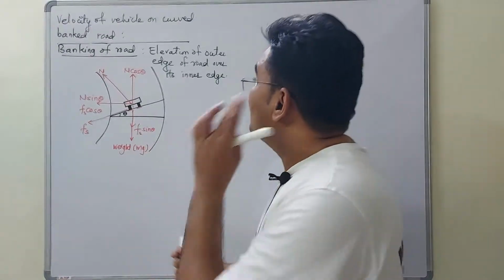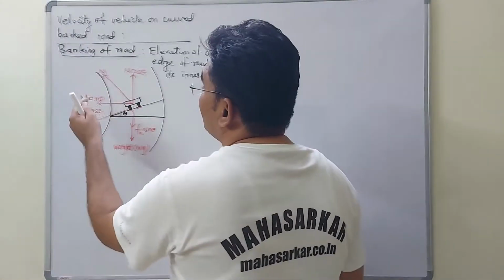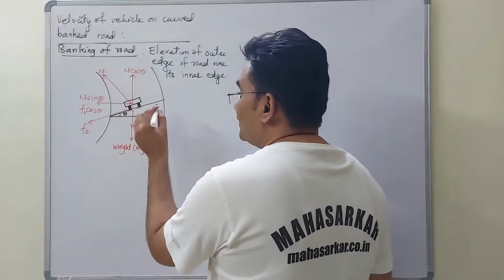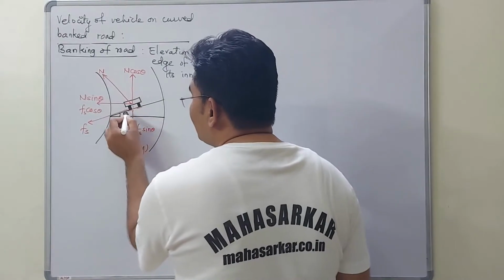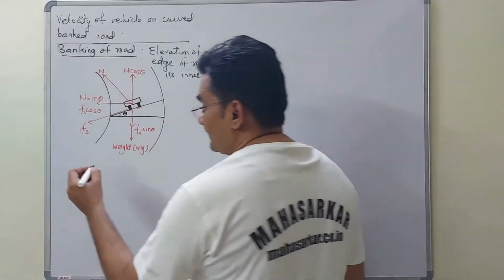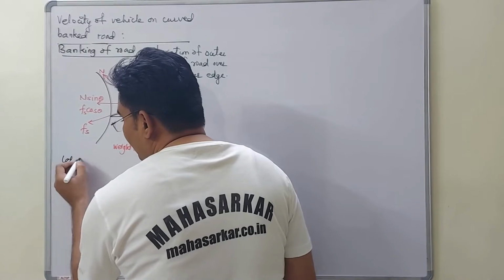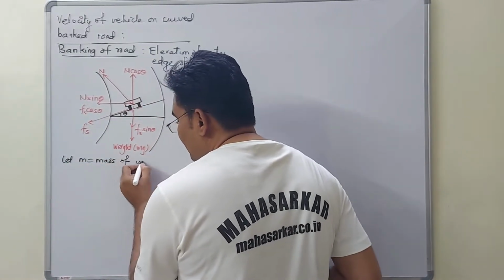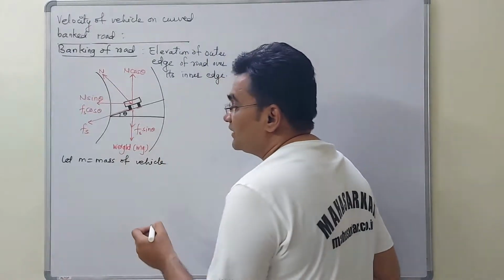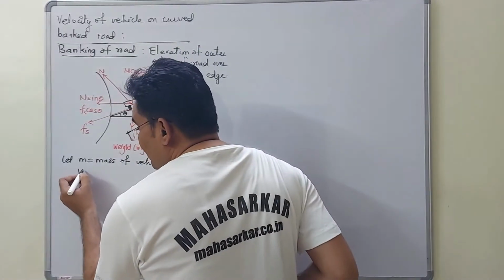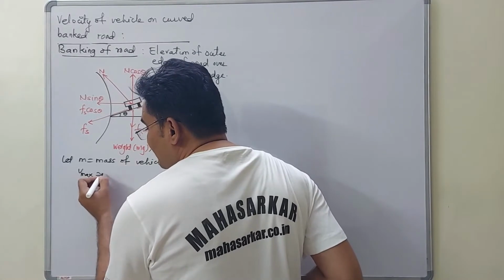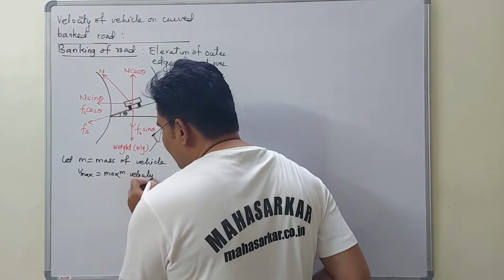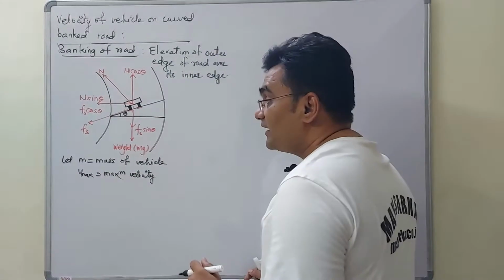So consider such a small vehicle and the road is banked with certain angle. This angle theta we can call the angle of banking. Let m be the mass of vehicle moving along that curved bank road. Say V max is the maximum velocity that can be expected to travel by the vehicle.